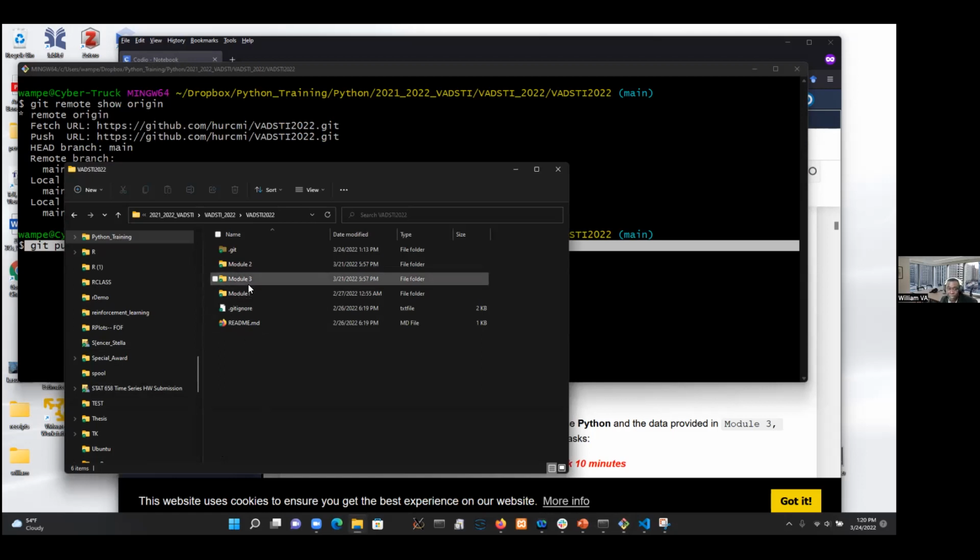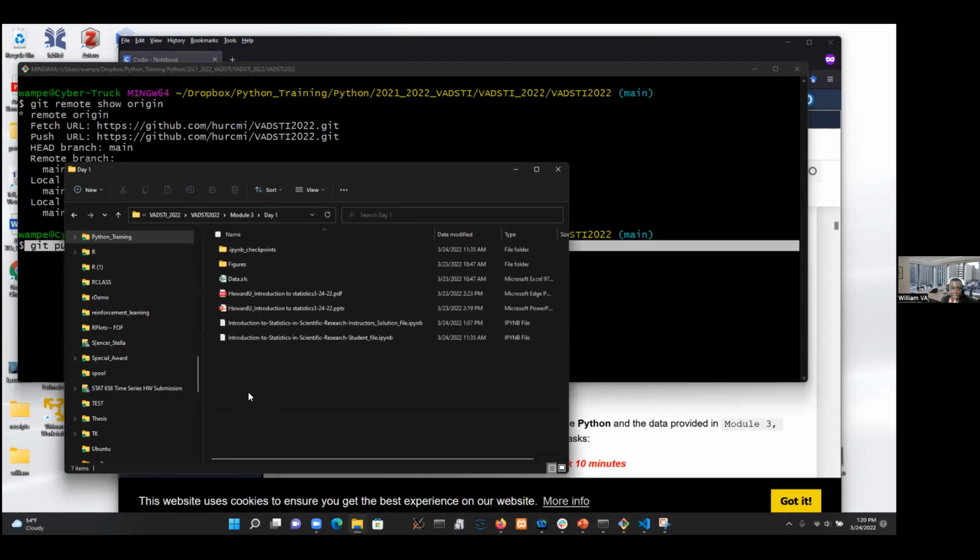And that will be the starting point, okay? So in mod 3, you then see the day 1 and day 2. And in day 1, you see this file, the IPython, both the student and the solution. For now, for your purposes, use the student file. Okay, this student file here.